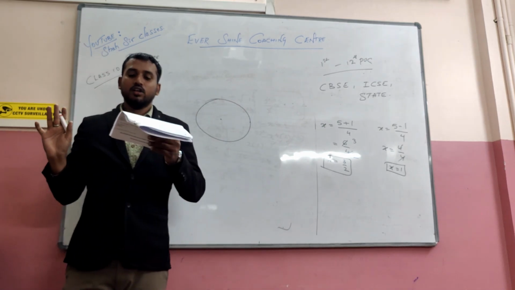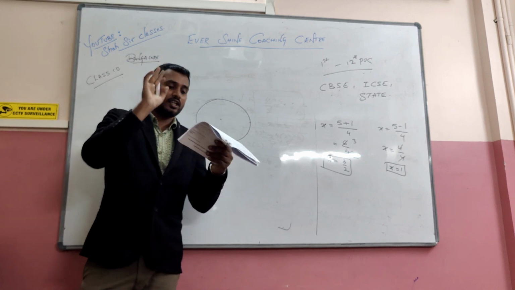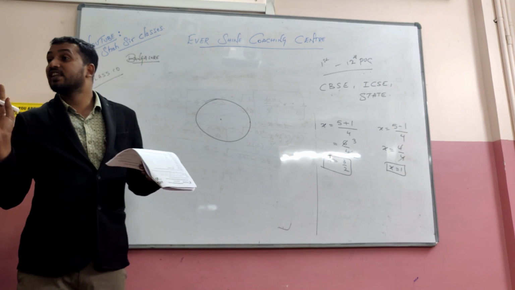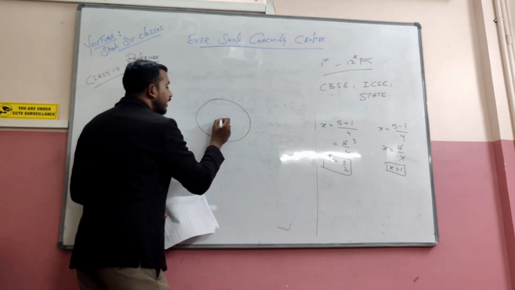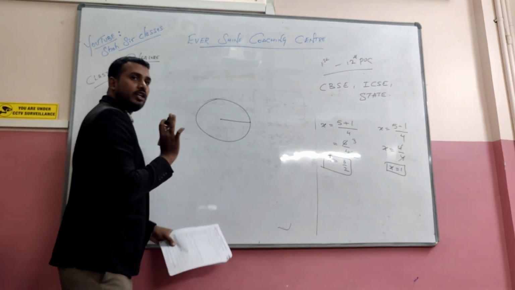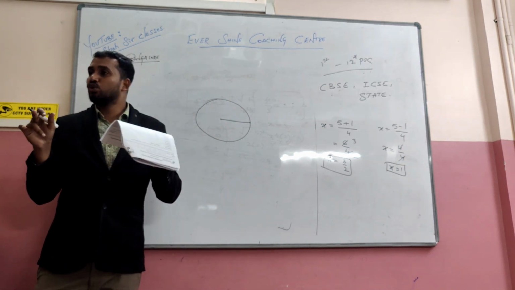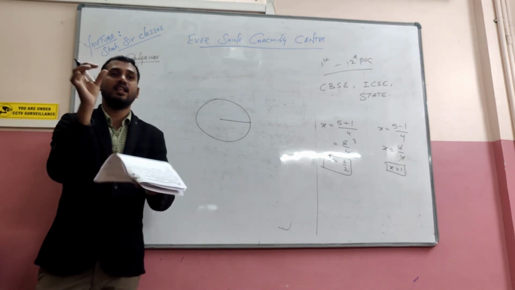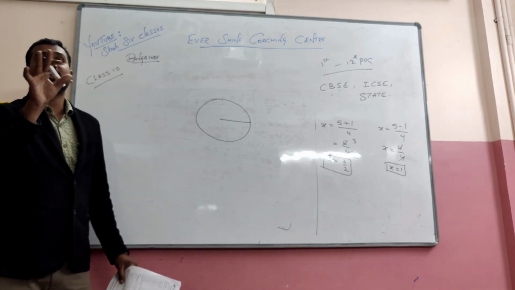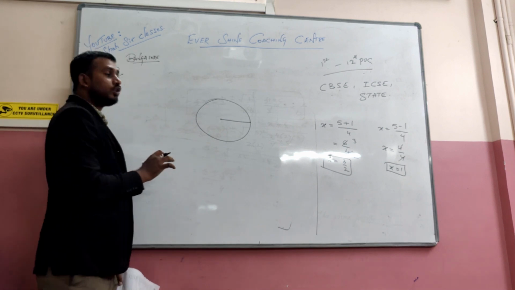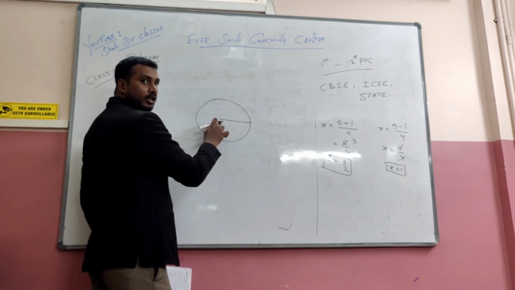So we have to draw the tangent at the non-center end point of two radii. How many radii are there? Two radii. One radius, let me draw. This is my first radius. Understood? And one more radius to draw. He has given the angle. What is the angle between the two radii? 100 degree. So what should we do? Keep your protractor here.